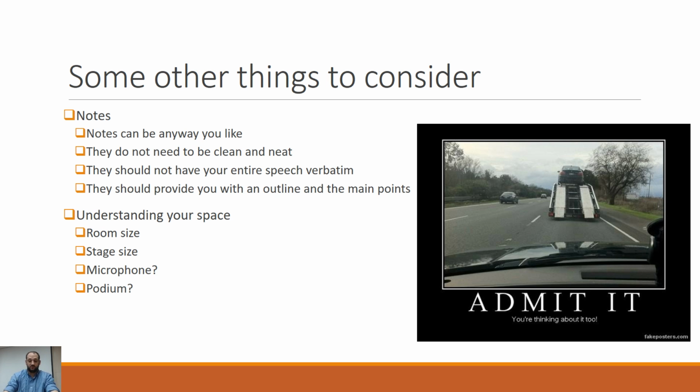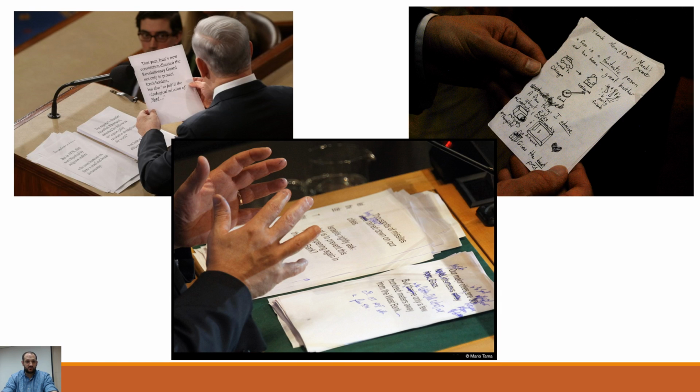Okay? Notes. As you can see, notes do not have to be one standard way. Many public speakers, as you can see from the pictures, have very, very large words on their sheets of paper. I didn't read what's on here, but as you can see, some of the notes are clean, no writing.